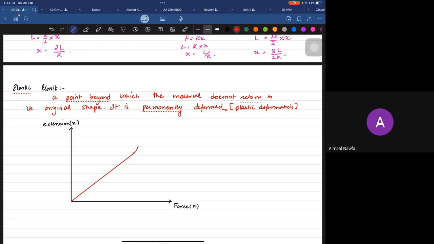So the first point that stops following Hooke's law is the limit of proportionality. You guys know that already. And just after this, you have elastic limit. So limit of proportionality and elastic limit are different things. Just after limit of proportionality, we get elastic limit. Is it clear, everyone?